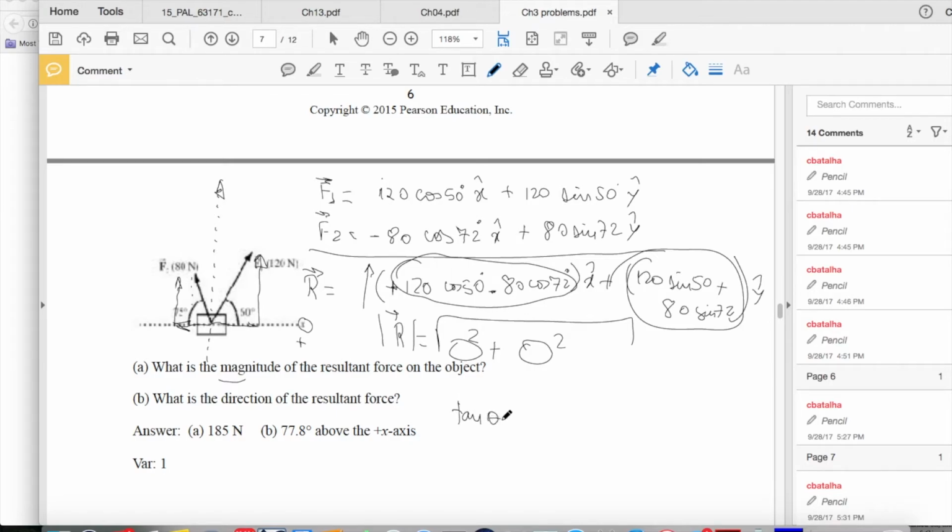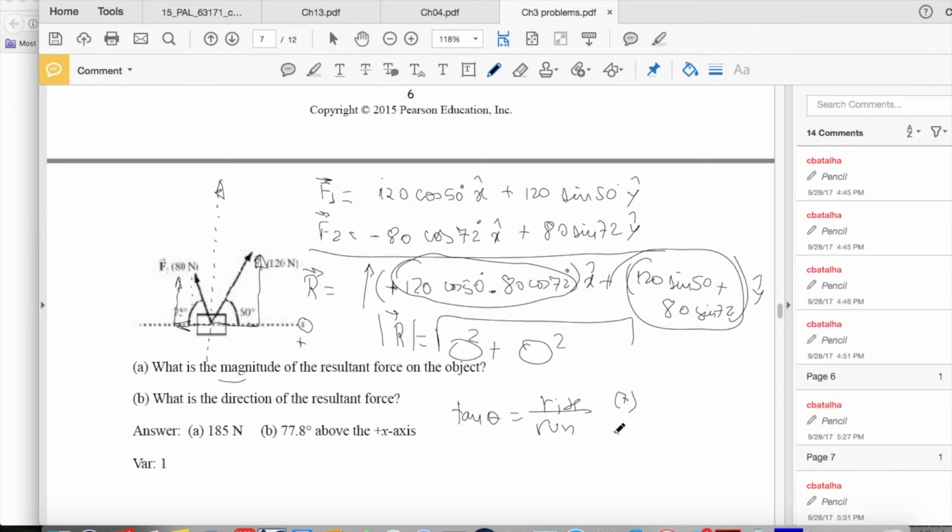tangent is the rise over run. And you have to see the rise, as you can see over here, is positive. But I don't know about the run. I don't know if it's going to be positive or negative. You have to do an analysis here.